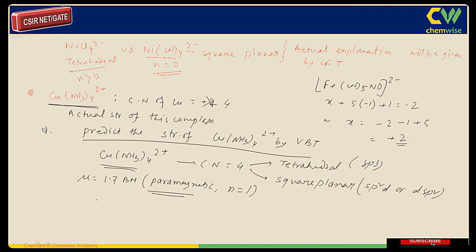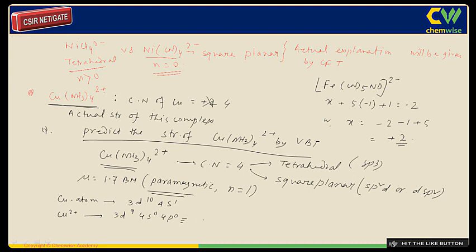Now if we go for the structure according to VBT, we know that copper in the free atom state is 3d10 4s1. Here copper is in the +2 state. So copper 2+ means 3d9 4s0 4p0.